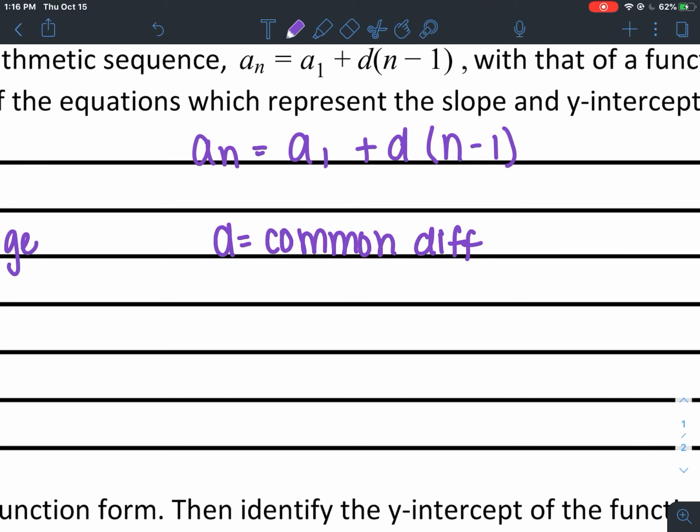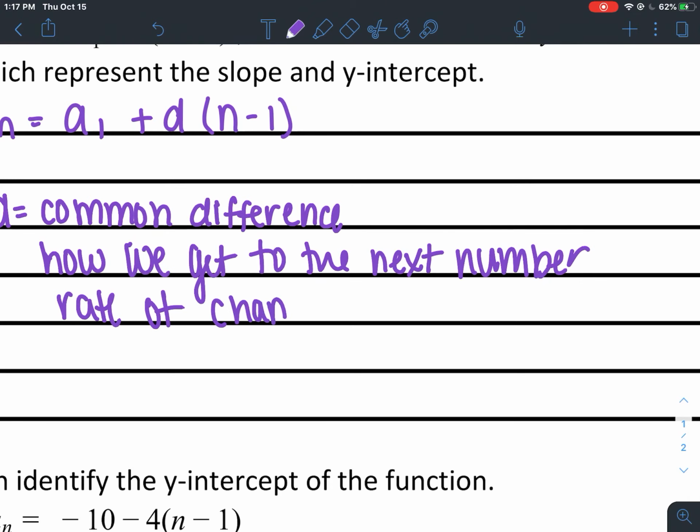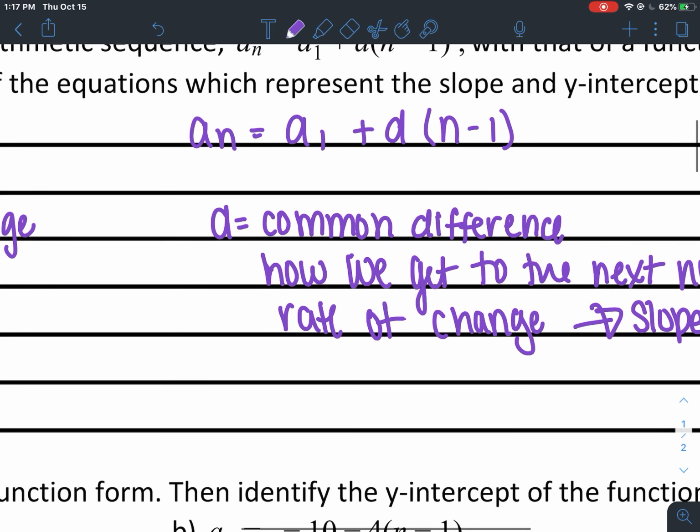Common difference, it's how we get to the next number, which is also our rate of change, which we said was slope. And then a sub 1 is our first term.